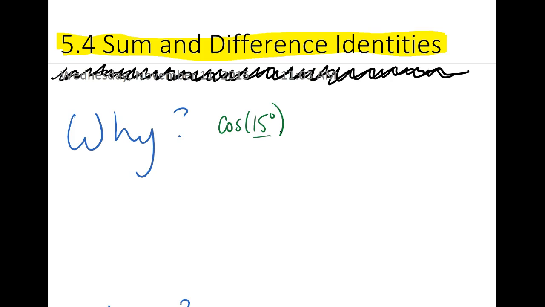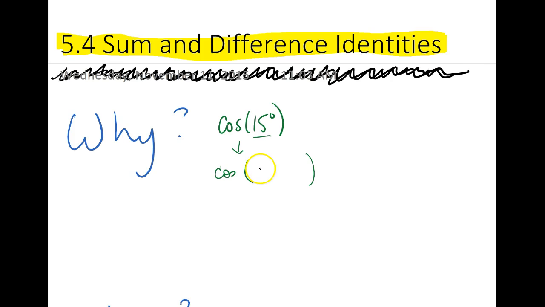and to solve it. And so an idea would be, okay, well, instead of this, maybe I think of 15 as a combination of two other angles, whether I'm adding or subtracting, whatever comes to mind. And you don't just want to pick two random angles like, oh, okay, well, let me do 90 minus 75.